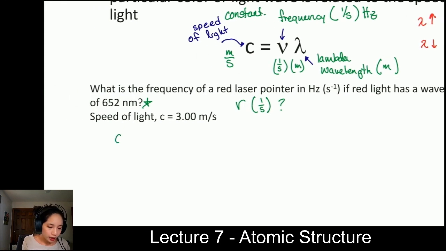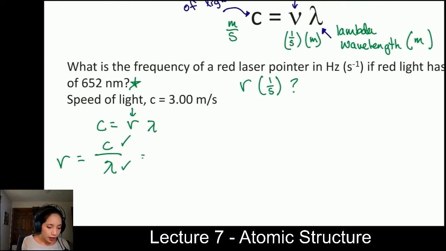If I rewrite that equation, speed of light equals frequency times wavelength, I want frequency, so I'm going to just rearrange this. Frequency equals speed of light over lambda. I know the speed of light and I know the wavelength because the question gives it to us. So perfect, now it's just plug and chug away.